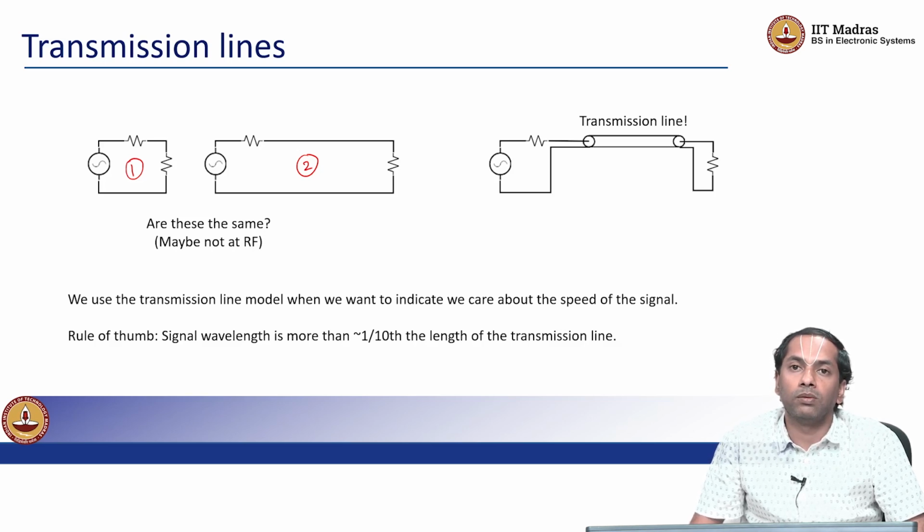So, we often use the idea of transmission line theory whenever we want to indicate that we care about the speed of light delay, right.